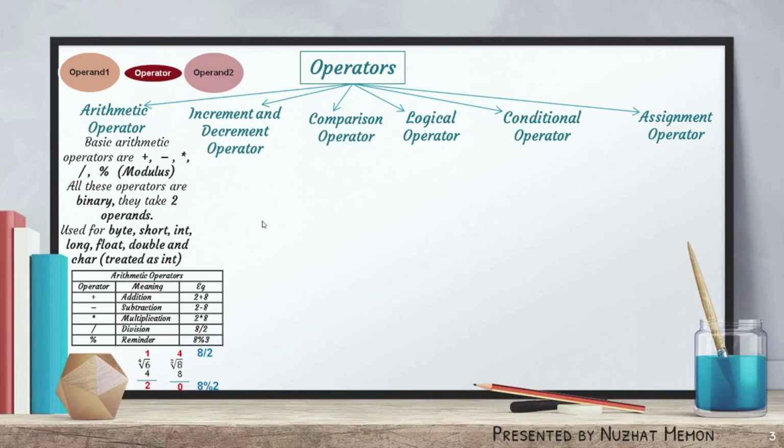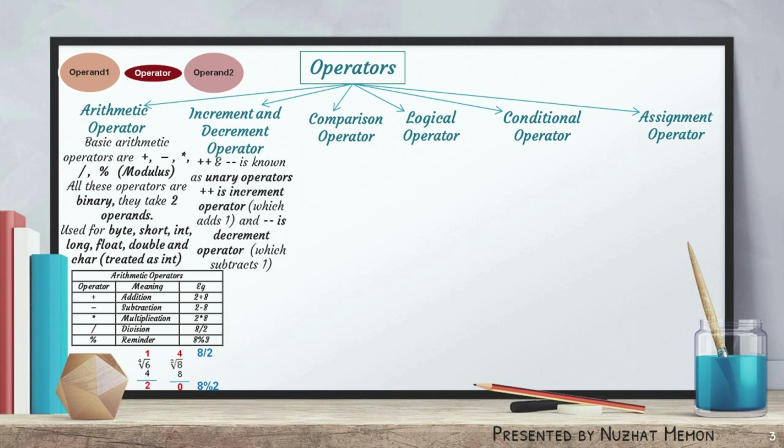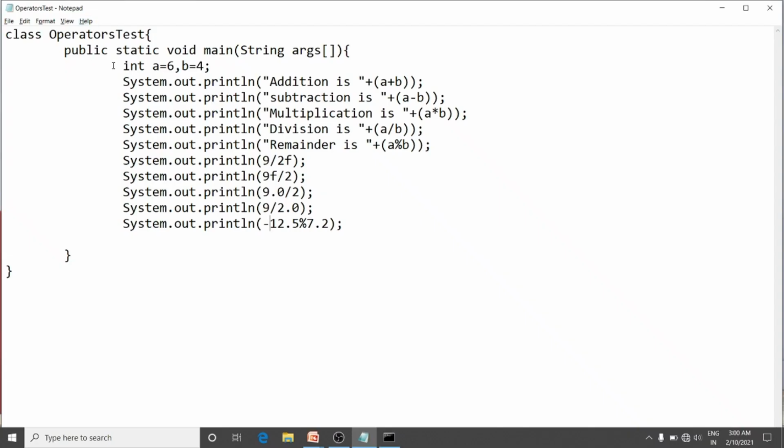Next operator is the increment and decrement operator, that is a unary operator. Unary operator means we can work with a single variable or single operand, unlike arithmetic operators that work on two operands. Here we will do this increment and decrement operator practically. I will comment out this arithmetic operator coding, using a multi-line comment, so it will be easy for us.